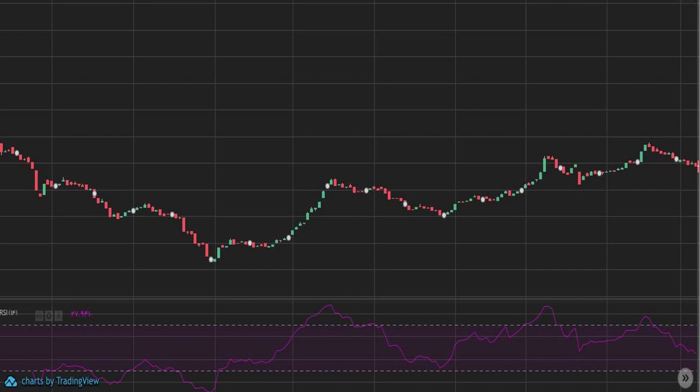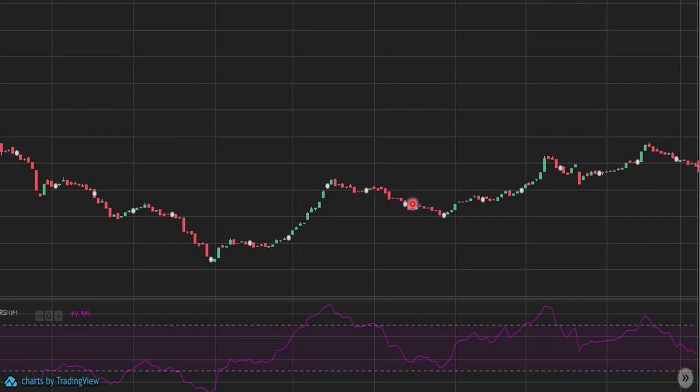Here, at this slide, you can see we have the RSI indicator, we have the 70 line, we have the 30 line, and also the market has no specific upward or downward trend.